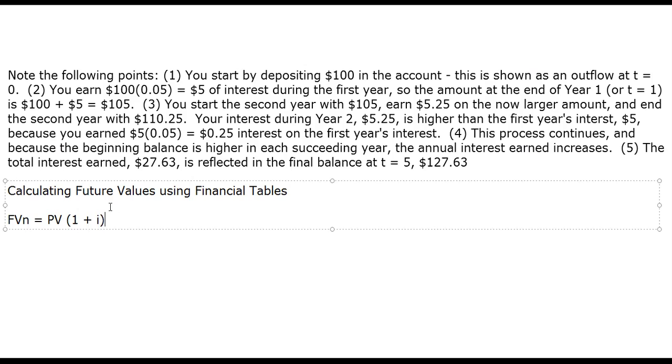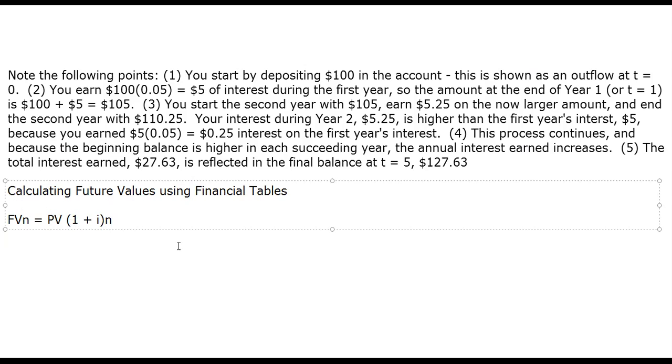This is an equation. Now before I go any further, write this below here. FVn equals PV (1 plus i) raised to the power of n. So please write n up at the top.